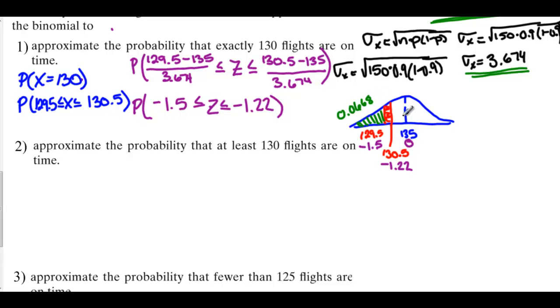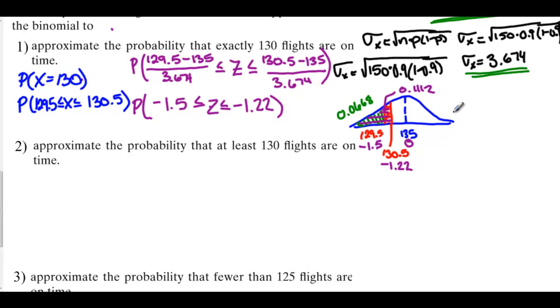And then the area all the way to that 1.22, okay, so that area is 0.1112. All right, there we go.